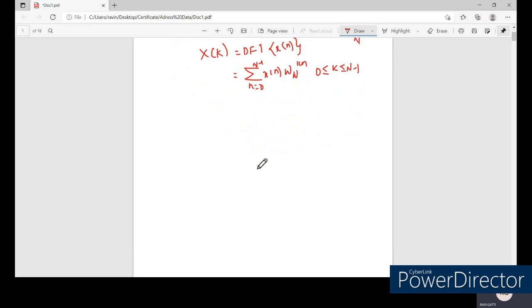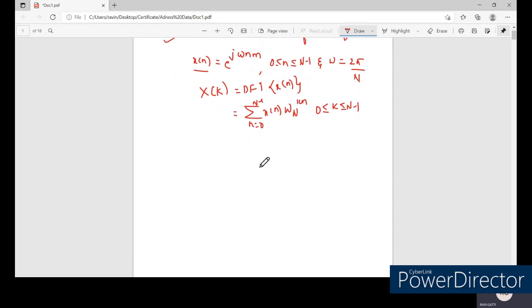Okay, so let us try to substitute the x of n that they have given. That is nothing but summation n is equal to 0 to N minus 1. What is the x of n they have given? e power j omega n m into W_N to the power of k n.